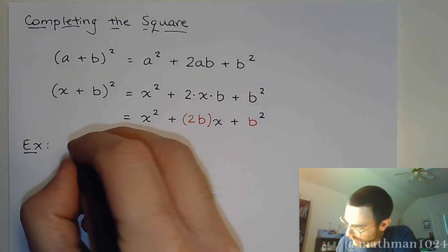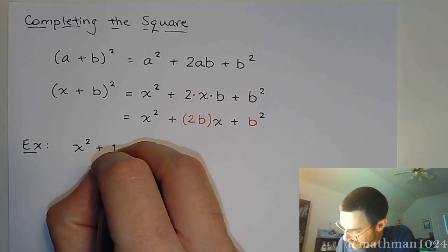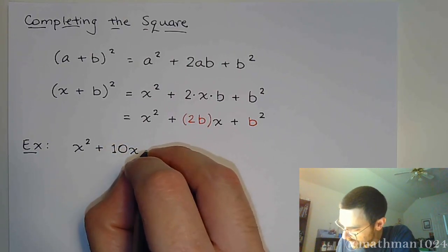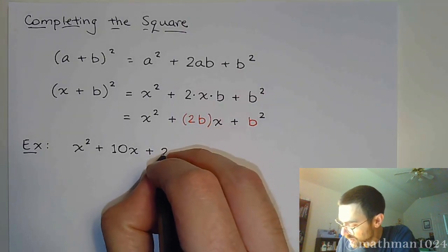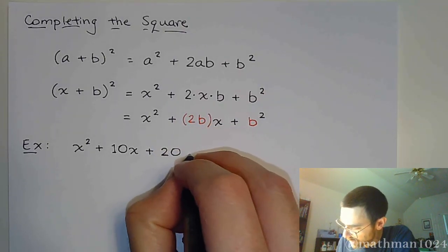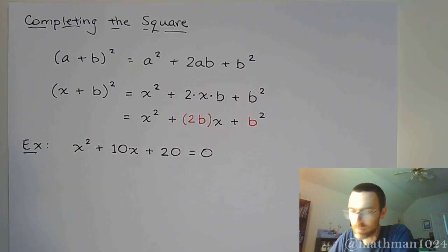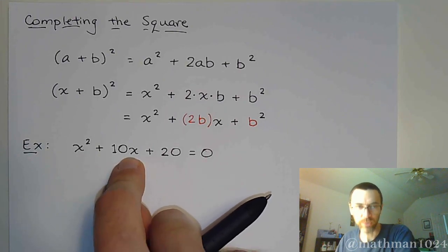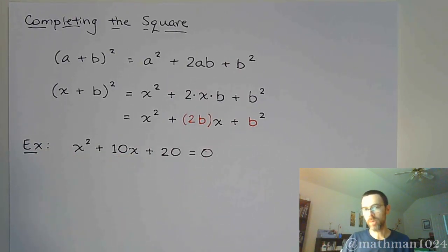So, for example, if we were to take the equation here, x squared plus 10x, let's say plus 20 is equal to 0. All right, so in this case, this is a trinomial, and we've got x in 2 different spots, so this is not a square root property problem.